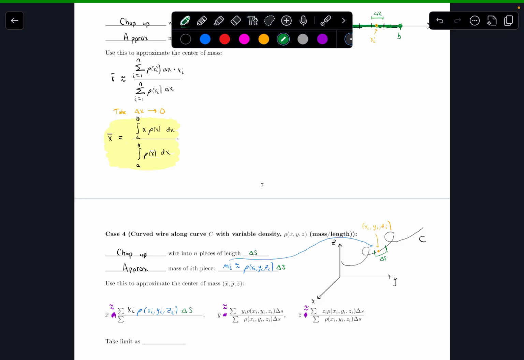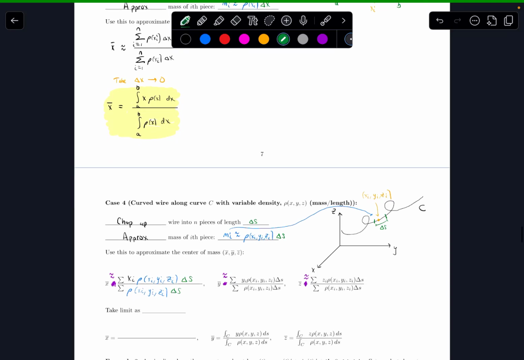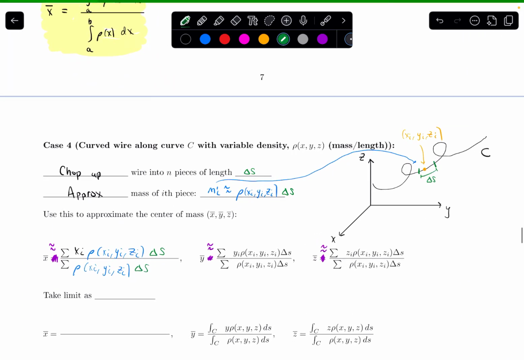Cool. And on the bottom, it'll just be the density part and that length of the piece. So on the bottom, it's the sum of rho of xi, yi, zi, times the length of the piece, delta s. Okay, and then for the y coordinate and the z coordinate, what's changing is the xi changes to a yi and then zi respectively.